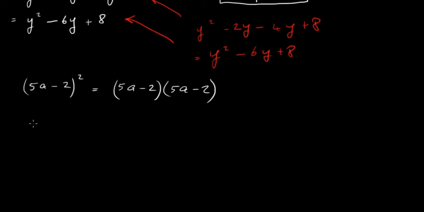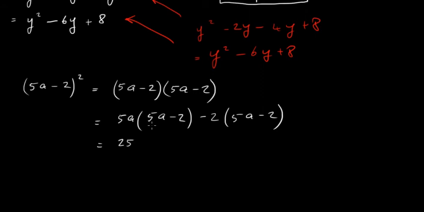So I'm going to multiply 5a by this bracket here, that's 5a minus 2. We also multiply minus 2 by the second bracket, so that's 5a minus 2 here. Let's multiply that out. Plus times plus is plus. 5 times 5, 25. a times a, a squared.